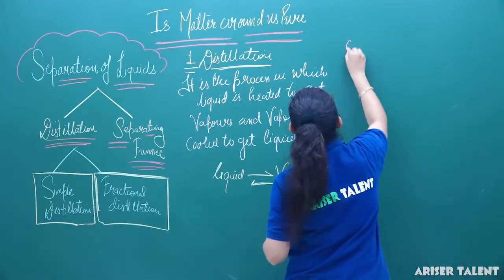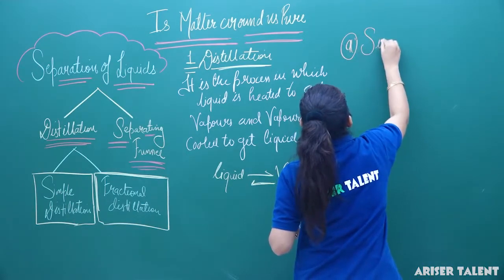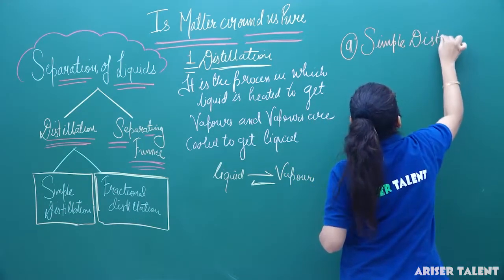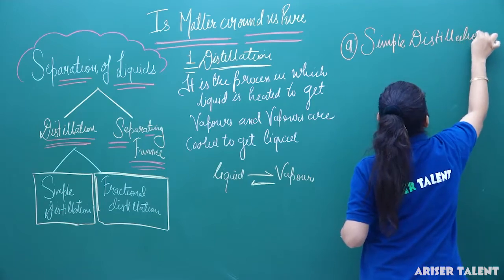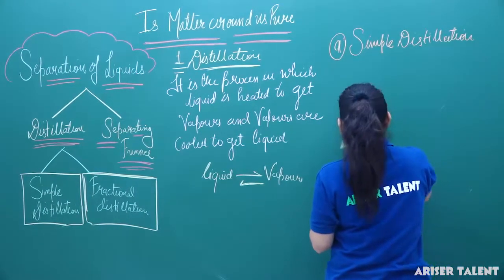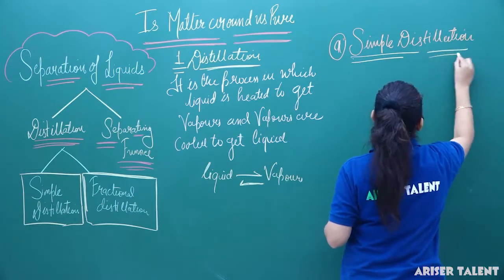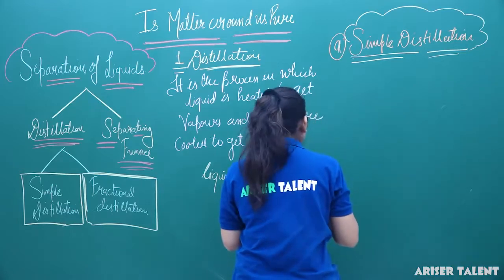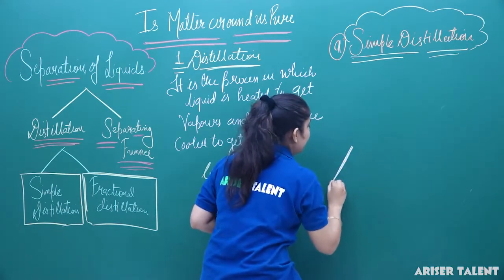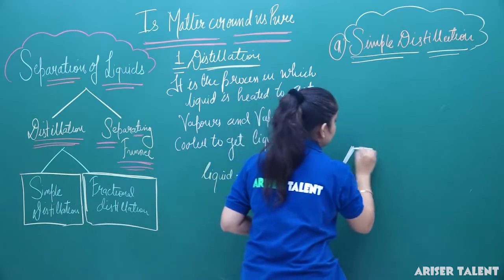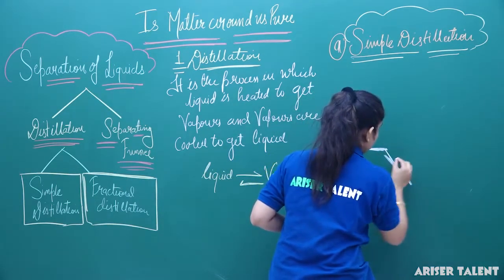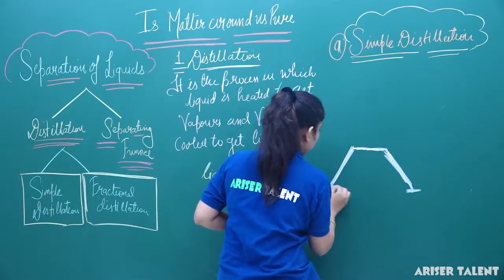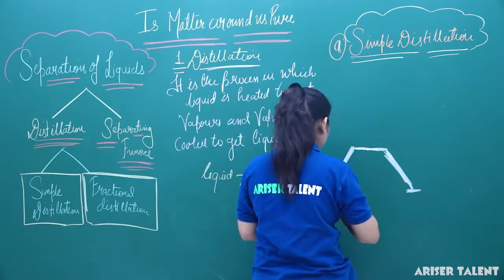So the first part is all about simple distillation. In the process of simple distillation, firstly we will take a tripod stand here. And there is a burner situated here.